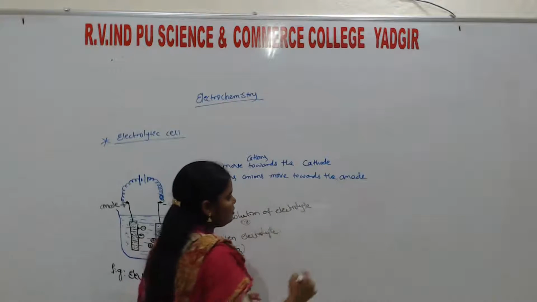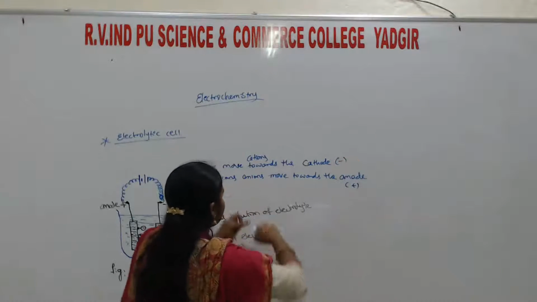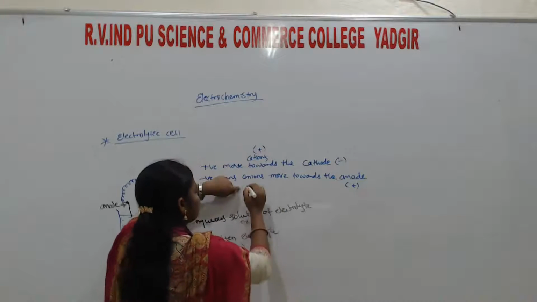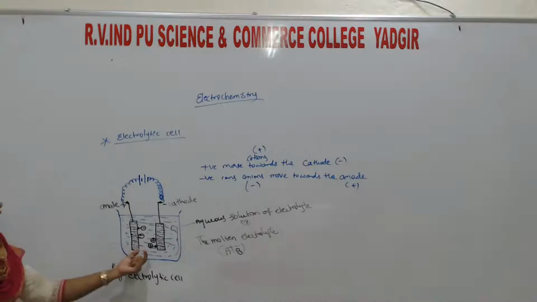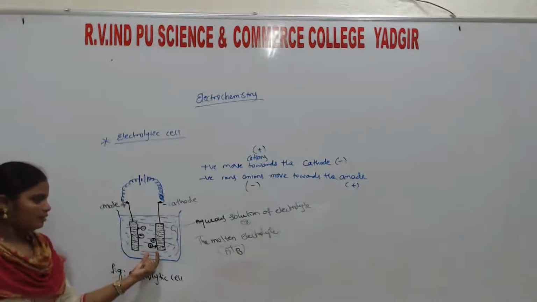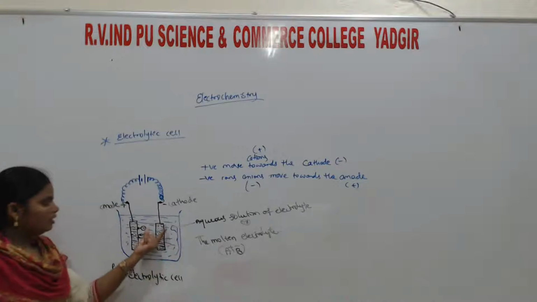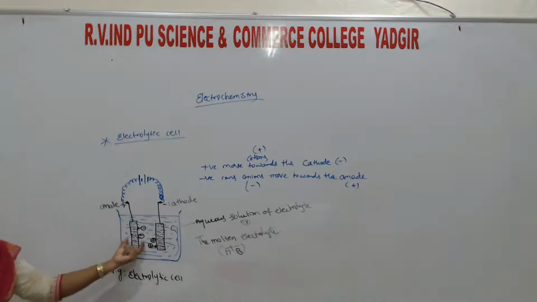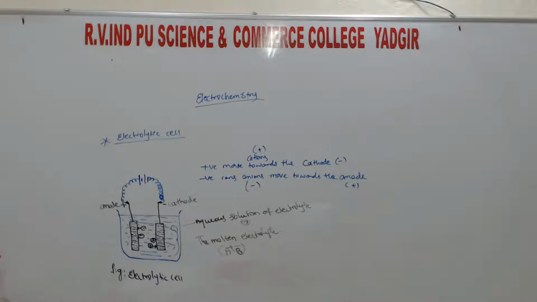Anode is the positive charge, and cathode is the negative charge. Cations are the positive charge and anions are the negative charge. The positive cations are moving towards this cathode, and the negative ions move towards the anode. This is the explanation of the electrolytic cell.